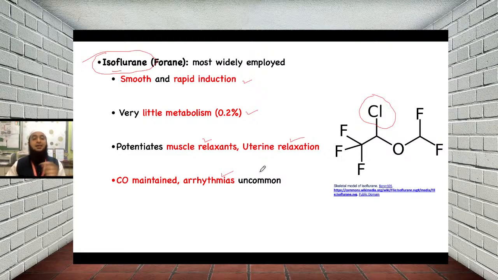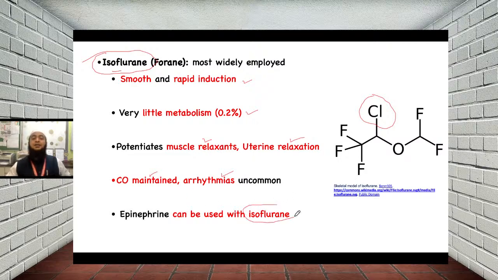But with isoflurane, the cardiac output is maintained near normal, and it does not produce arrhythmia. Since it maintains cardiac output and does not produce arrhythmia, epinephrine can be used with isoflurane.